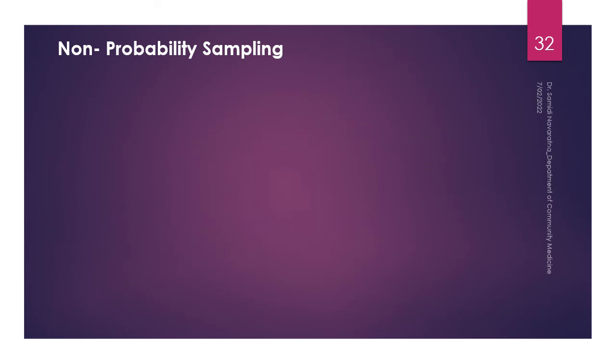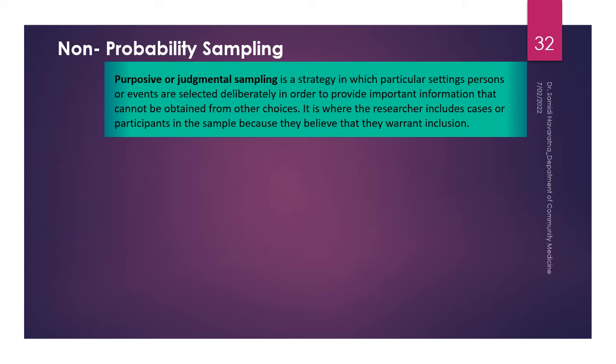Another type of non-probability sampling is the judgmental or the purposive sampling. In this type of sampling, the researcher will decide whether a person should be included in his study or not, depending on his personal subjective opinion.